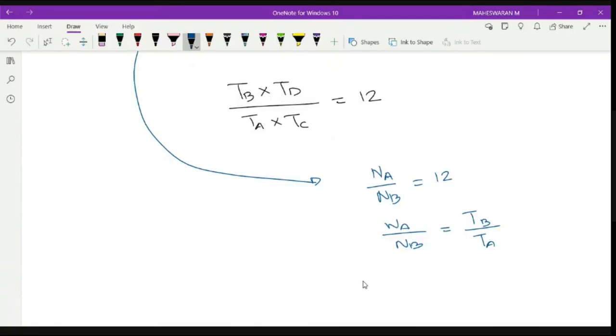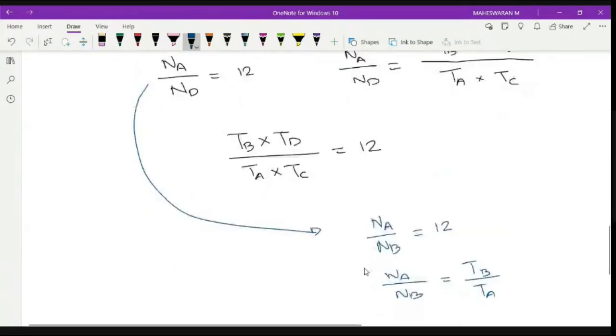Sir, NA by NB into NB by ND only, like that only it will come, no, sir? Correct. But the speed ratio is the same, no? So the speed ratio is input by output. I am splitting that; I am not taking the overall input output.